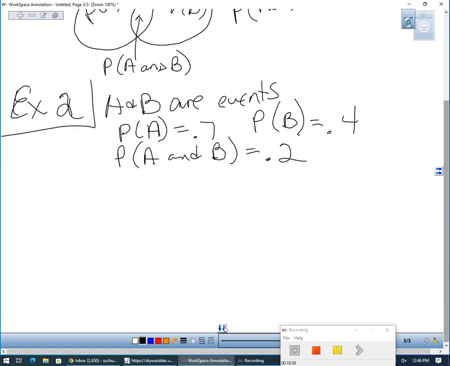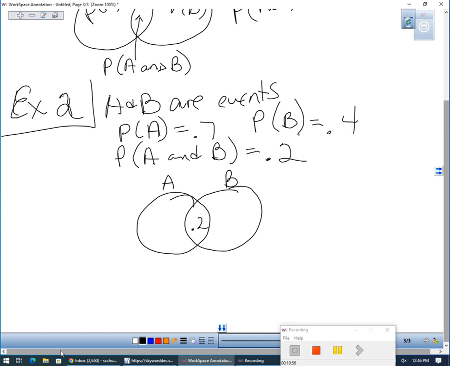So, let's start with this. We're going to start by drawing a Venn diagram. Draw our 2 circles. This is going to be my A, this is my B. Now, here's the thing. When you get your probability, the A and B together is that middle section, right? So I'm going to put my 0.2 right here in the middle. Okay, then when it says the probability of A is 0.7, it's that whole circle is 0.7.